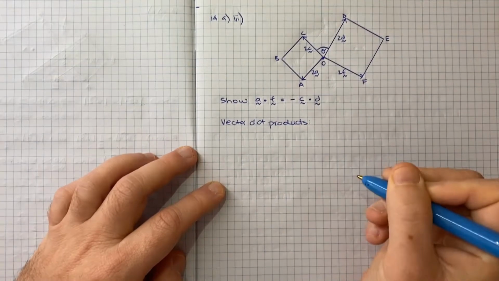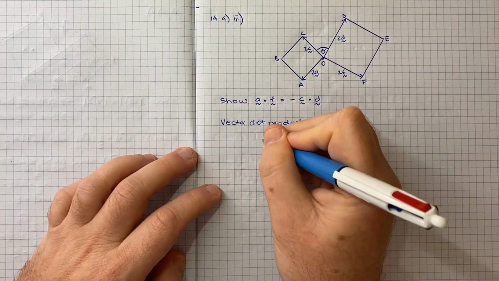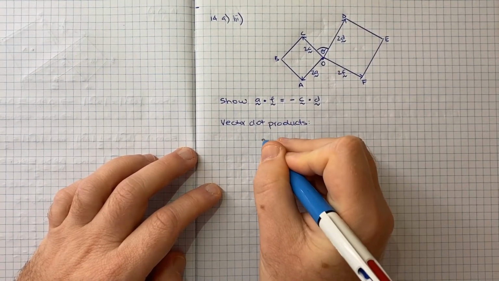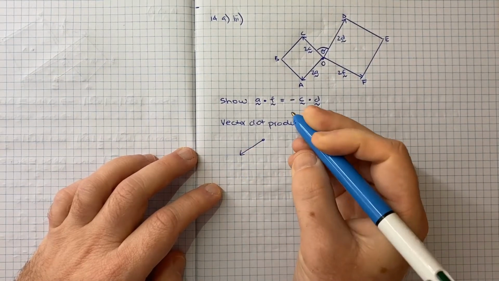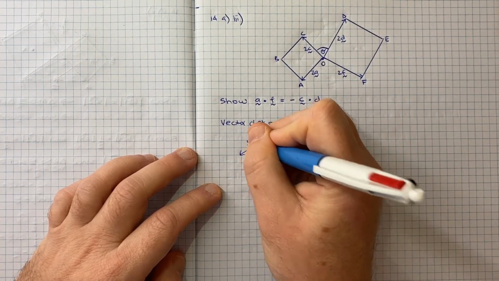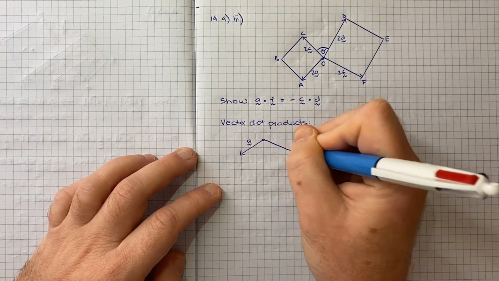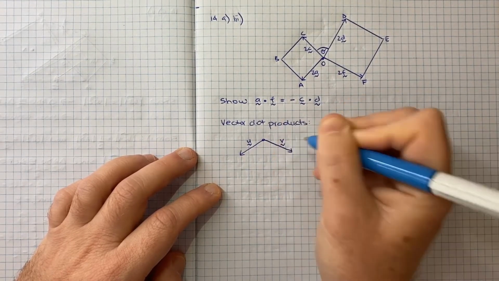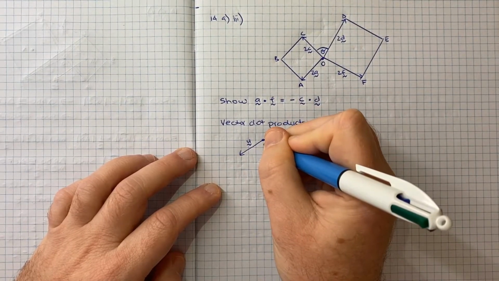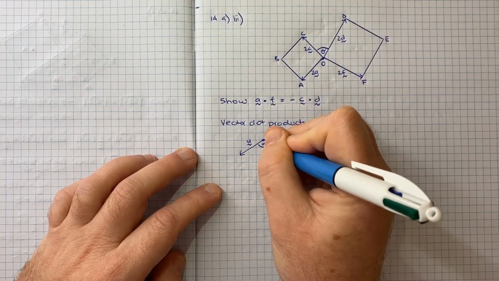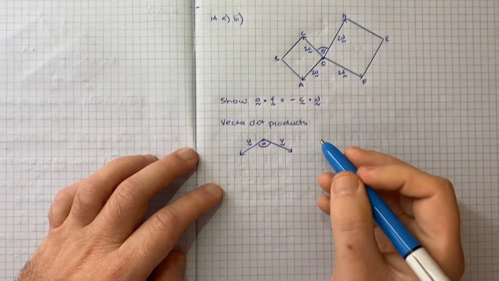If I draw a very simple diagram, we've got a vector here, I'll call that vector u, and another vector here, I'll call that vector v. And we've got the angle between them, I'll use alpha, just because we've already got a theta in our real question.